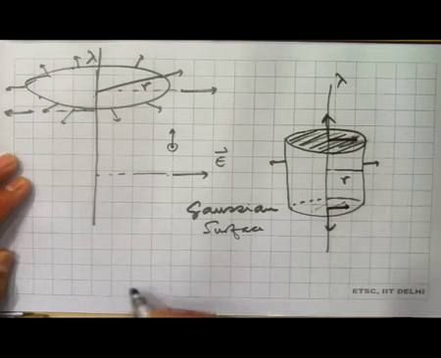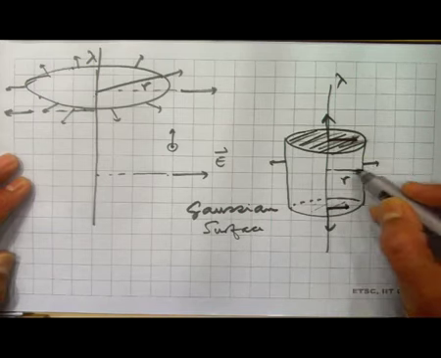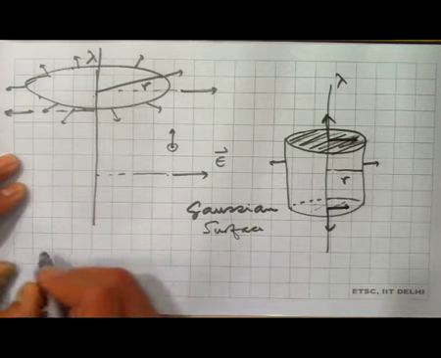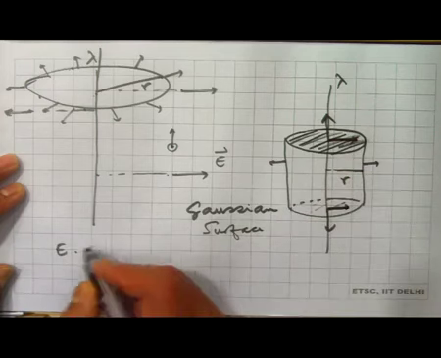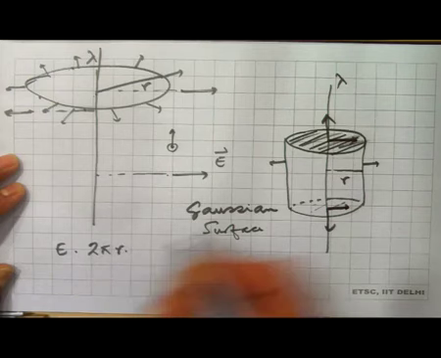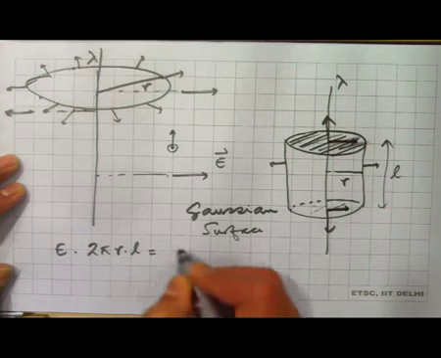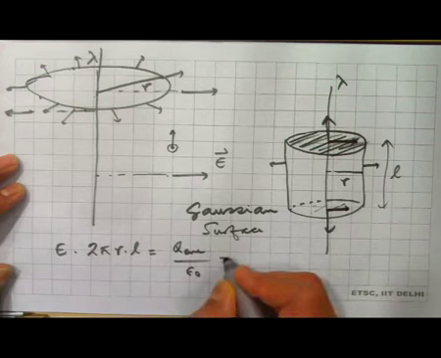So, because the electric field is constant on the cylindrical surface and it is along the same direction as the normal at every point on the surface, Gauss's law will tell me E magnitude times the surface area of the cylinder, which is 2 pi r times L, if the length of the cylinder is L, is equal to the charge enclosed divided by epsilon 0. And what is the charge enclosed?